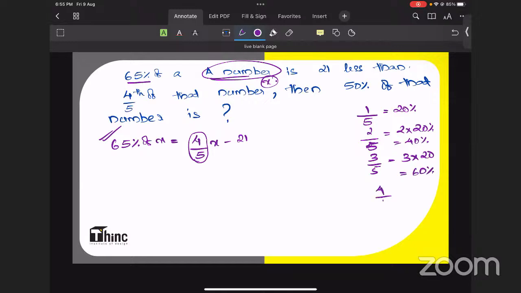Finally 4 by 5 is 4 into 20%, which is 80%. So convert it into a common form. Over here, this one will be 80%.